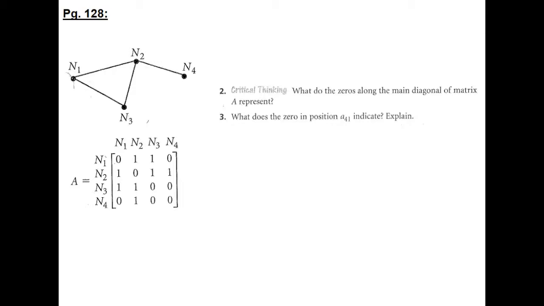All right, you can't go from N2 to N2, and you can't go from N3 to N3, N4 to N4. Yeah, we're dealing with the diagonals, right? So let's see if I can make this work. That guy right there, it's not a good circle, okay?